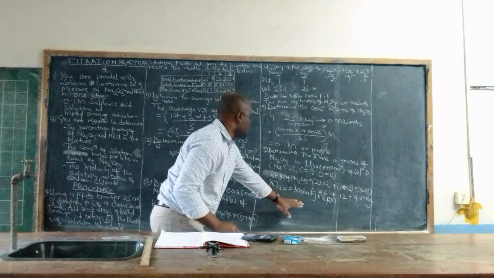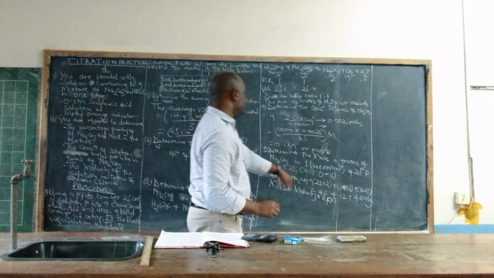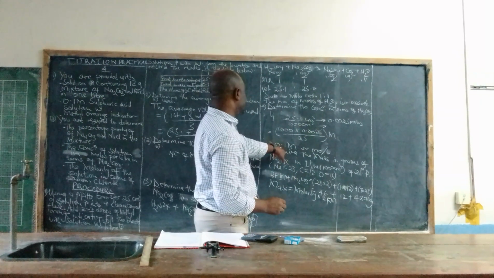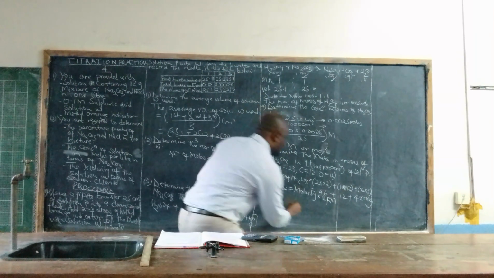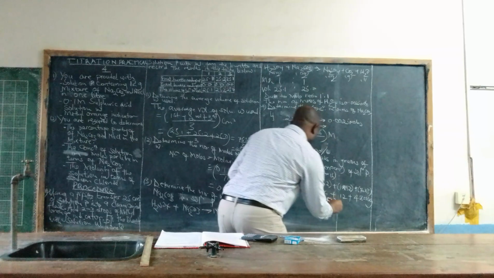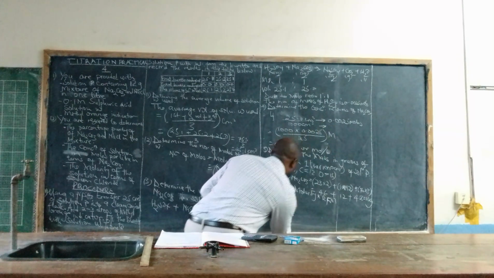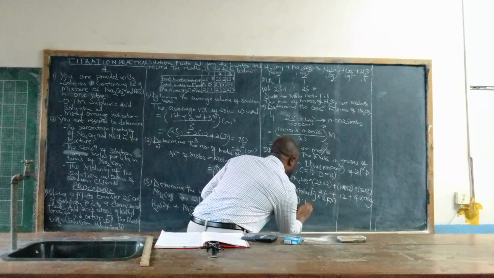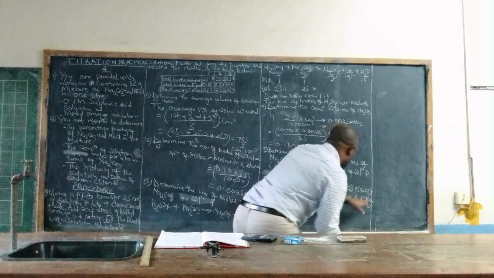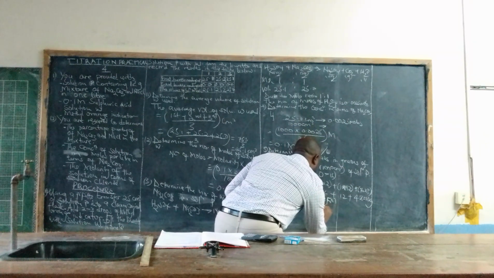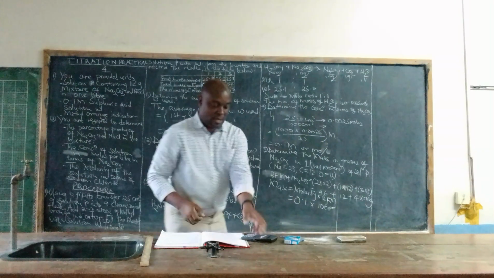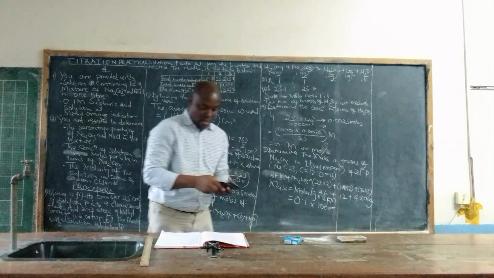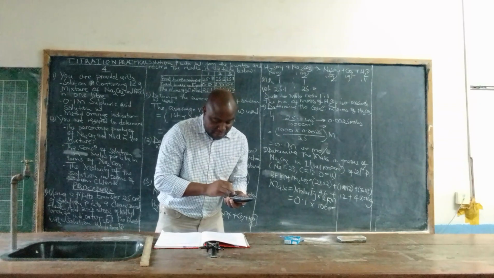So, in this case, we are just going to substitute. Remember, we have gotten the molarity of sodium carbonate here. So, we are going to take this. We just substitute 0.1 times the RFM, 106 grams.